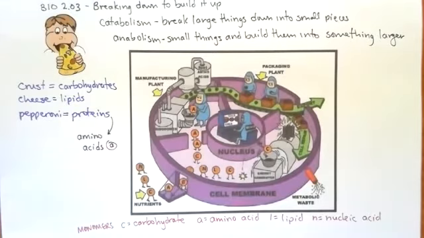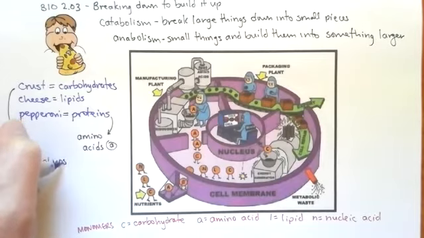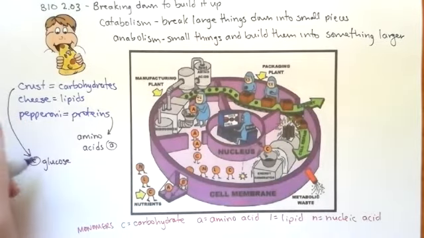We take the crust and we break that down into its monomer. Got this big slice of carbohydrates. We break this down into its monomer, C, which is glucose. That looks like an E more than a C, doesn't it? And the cheese would get broken down into its monomer as well.